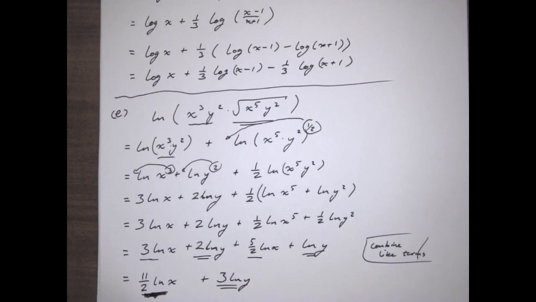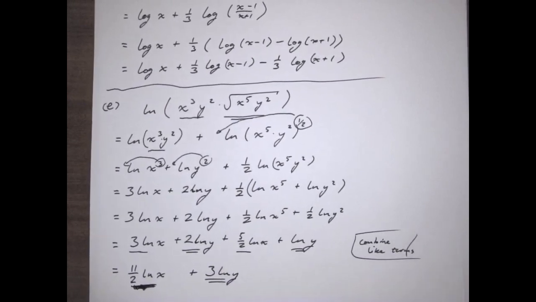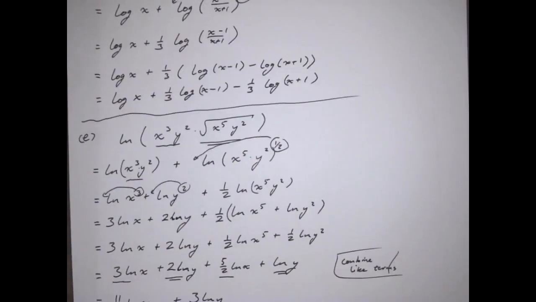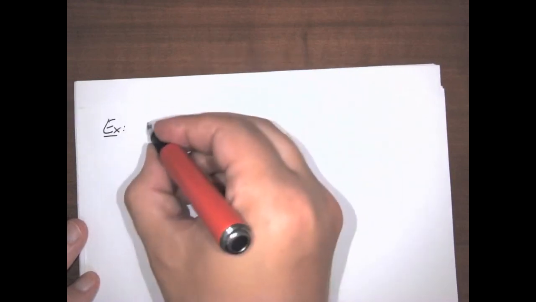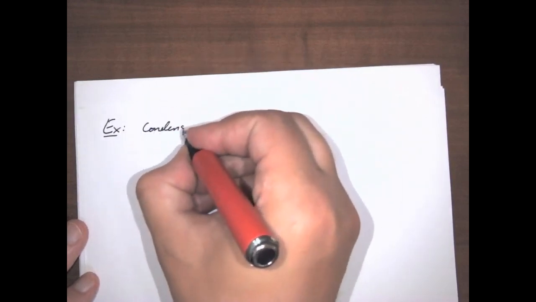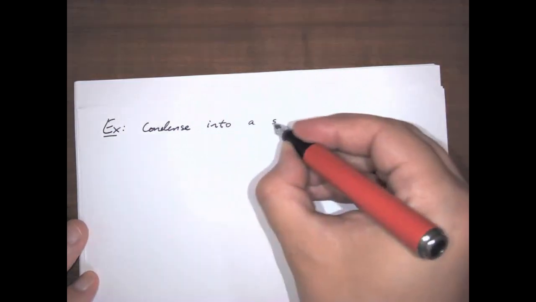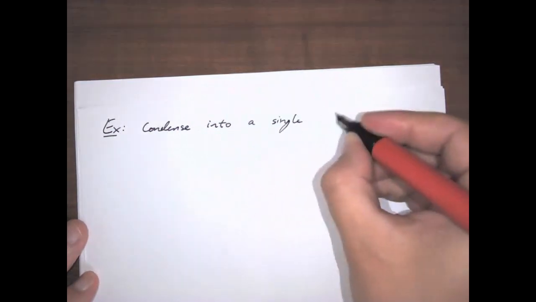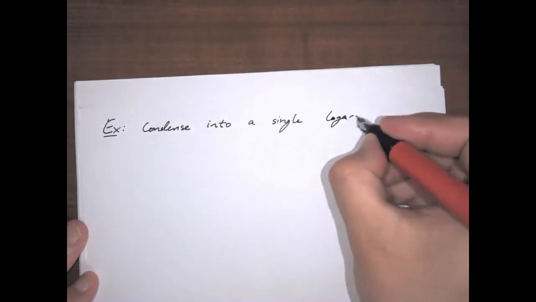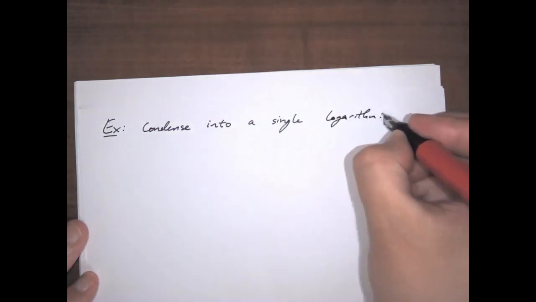Alright, now we can also take expressions of a form similar to this and condense them into a single algebraic expression. So let's do an example of that. Condense into a single logarithm.